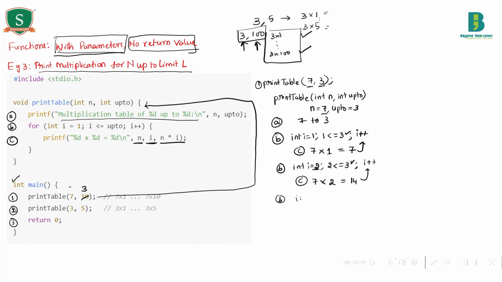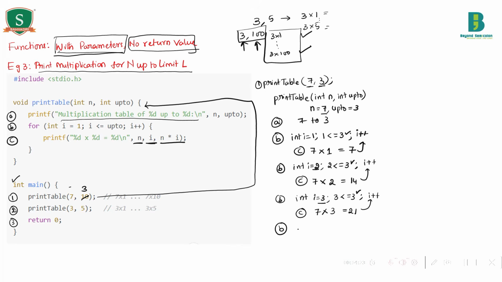In the B statement, i is equal to 3, less than or equal to 3, the condition is true. When the condition is true, it goes inside the for loop to execute that block. The n value is 7, the i value is 3, 7 into 3, 21.